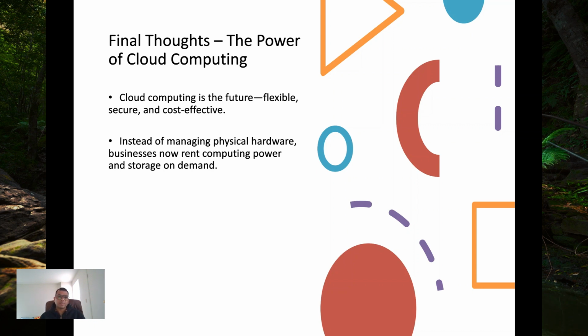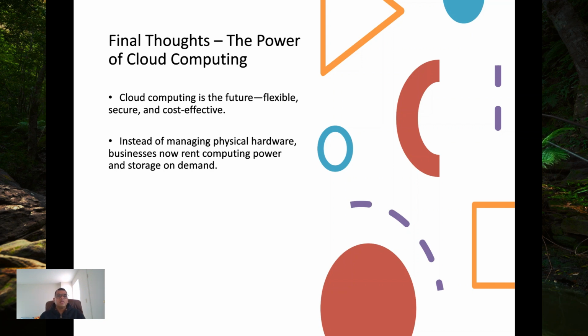Scalable, right? If we need more computation power or more storage, we don't have to go and buy hardware and software again. Whenever we don't need it, we can just downgrade it or decrease the sizes.